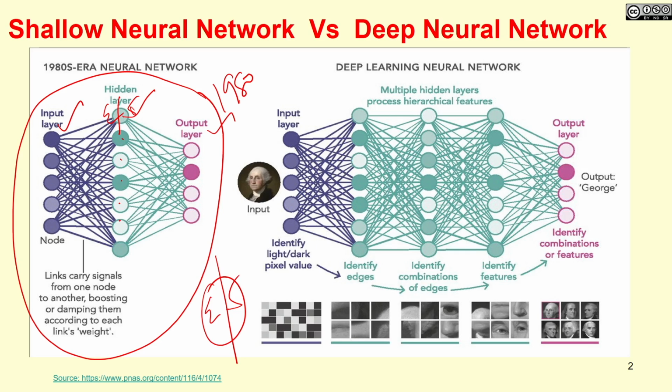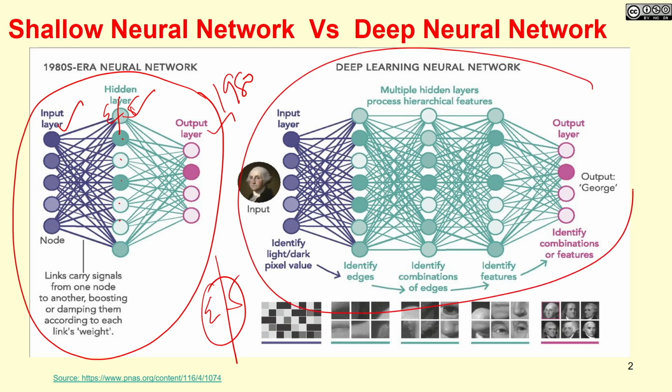Even though you can increase the number of hidden layers, we may not call it a deep neural network, because each neuron in the layer is intended for a specific task of doing the summation as well as producing the output. But when you take the deep neural network, how many layers are there here? One hidden layer, two hidden layers, three hidden layers. So, we have three hidden layers in it.